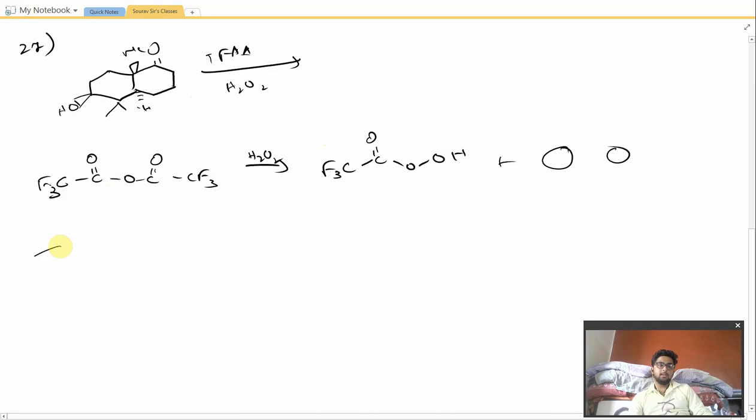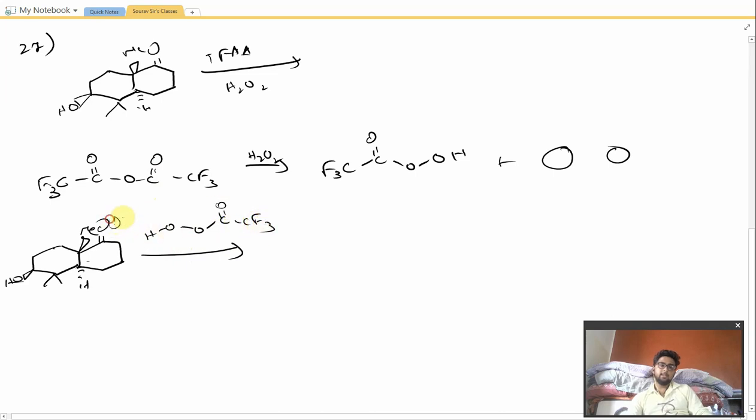Let us take our reagent that we have. We have H over here, a ring, a double bond O, a methyl group, and one OH. Now we give the reagent.